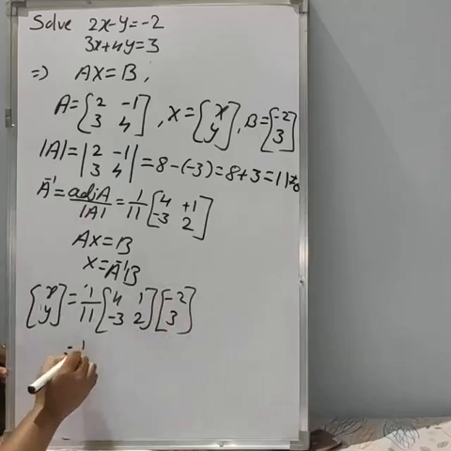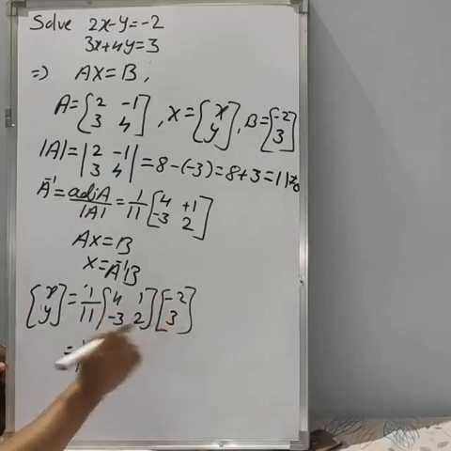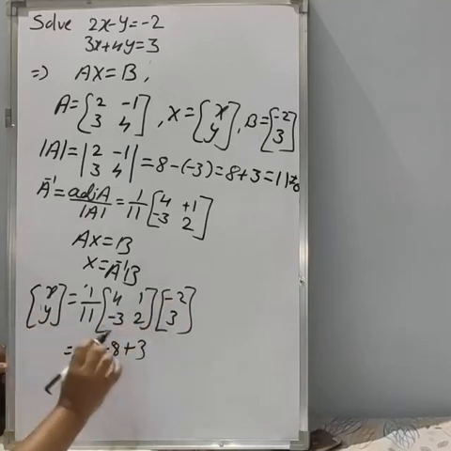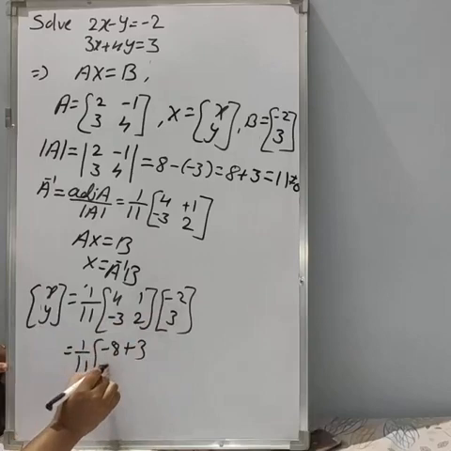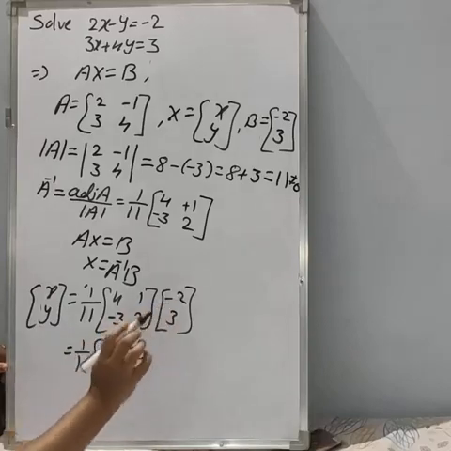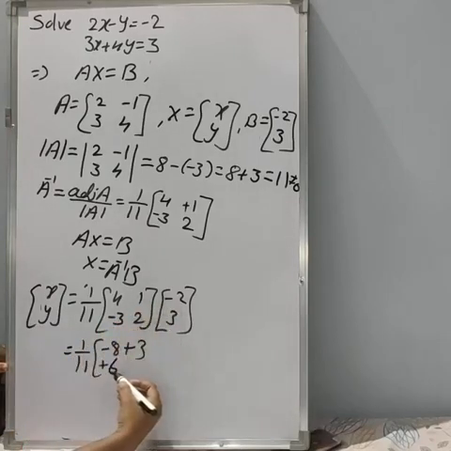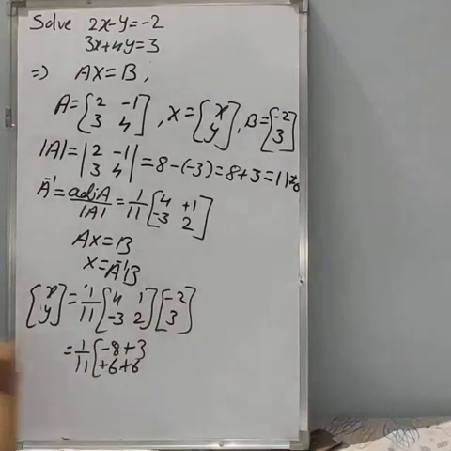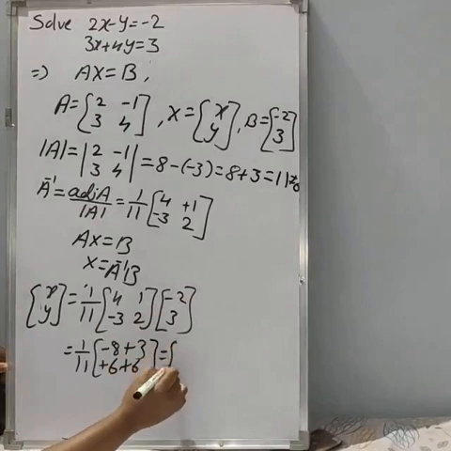Keep this 1 upon 11 as it is and multiply these two matrices. So 4 into minus 2, that is minus 8. 1 into 3 is plus 3. Next, minus 3 into minus 2, that is plus 6, because minus into minus is plus. Plus 2 into 3 is again plus 6. Okay.